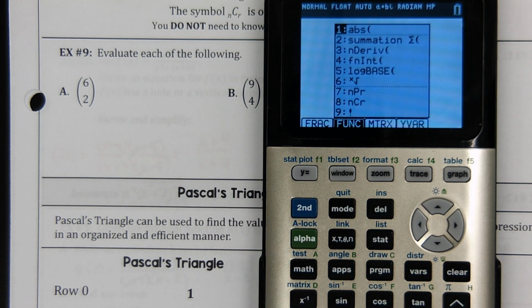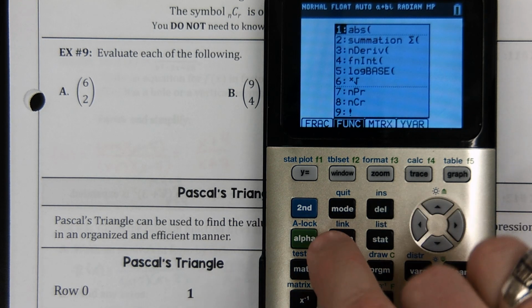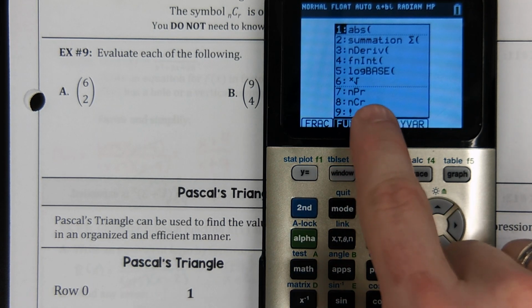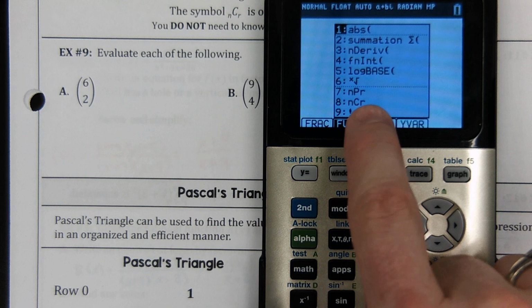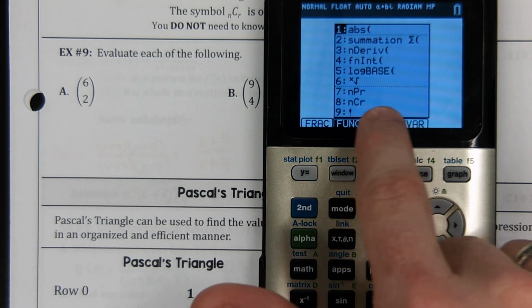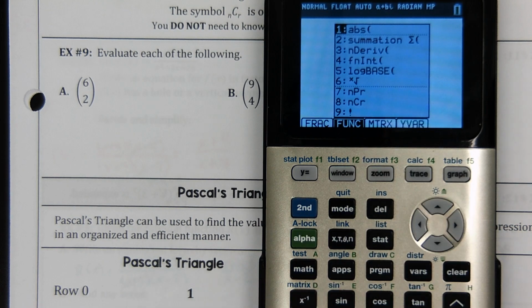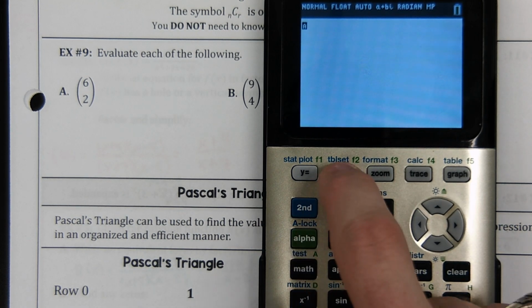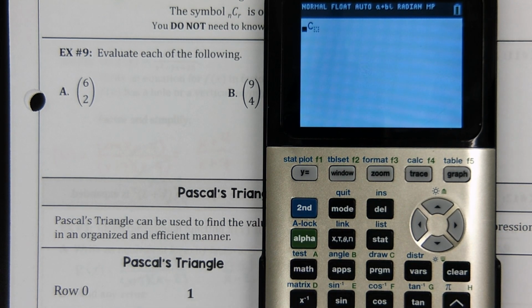It's also, if you want to use a shortcut menu, alpha window, it's in there as well. See? Alpha, the green button, window, brings up this menu. So alpha window 8 is nCr.